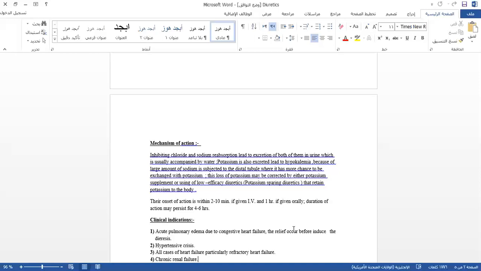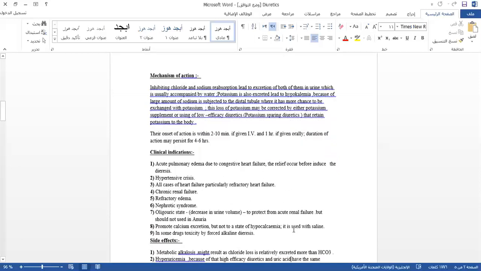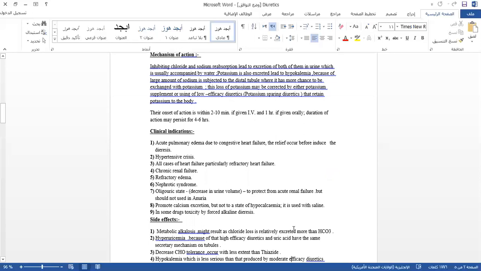So the onset of action when given intravenously is rapid, and we need it for emergency conditions when we need to induce diuresis. Number one is acute pulmonary edema. In this emergency condition we need to induce diuresis rapidly, within 2 to 10 minutes if given intravenously, in acute pulmonary edema due to congestive heart failure.